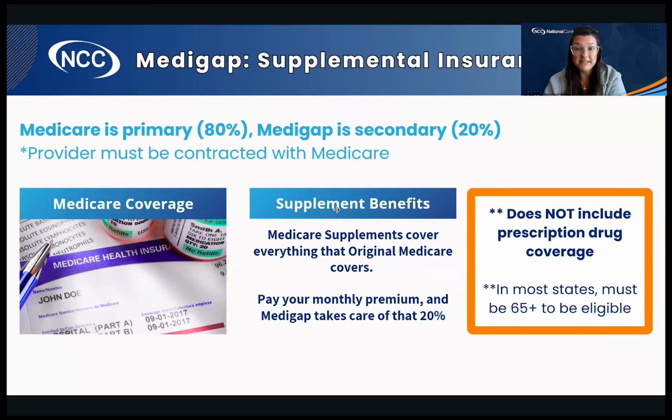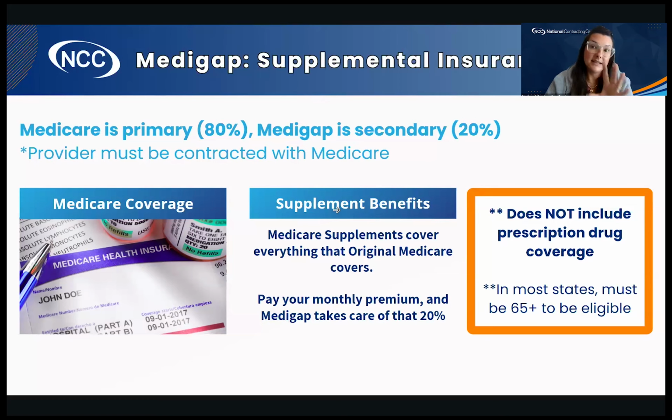One thing I do want to mention here is in the orange box, in most states, you do have to be 65 years old. So you have to be a T65er to qualify for a med sup. Typically, folks that are under 65 on disability with a red, white, and blue card with Part A and Part B, they're usually not eligible for a Medicare supplement.